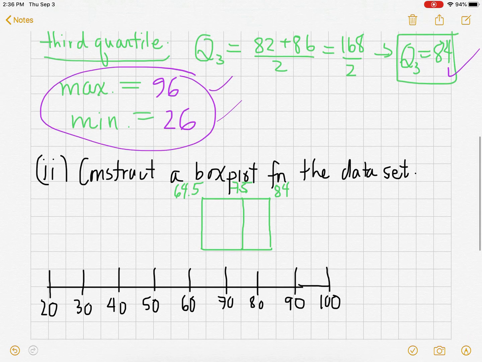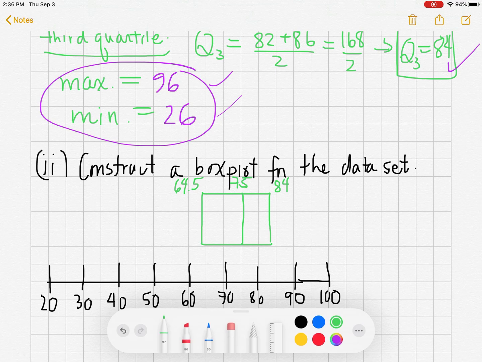All right, so then we want to identify the min and the max. So the min is 26. Where is 26 about? I'm going to use a little vertical bar far to the left of my box. So 26 is about right here, right? And I'm going to connect that with a whisker to my box. Now my maximum here is 96. My largest number is 96.